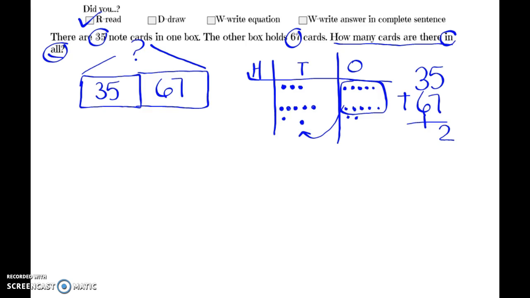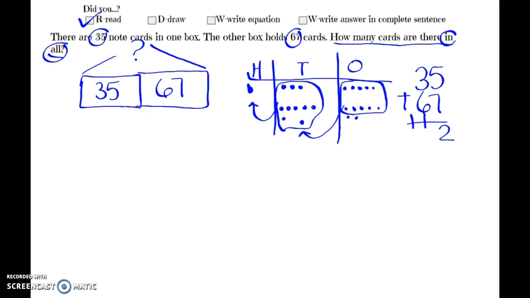Next, it's time to add the tens. I know that 6 and 4 make that easy number, 10. And I have 6 tens plus 3 tens plus 1 more, which gives me 10 tens. So I'm going to circle these 10, and I'm going to make a new unit in the hundreds place. Now I'm going to go back to my algorithm.